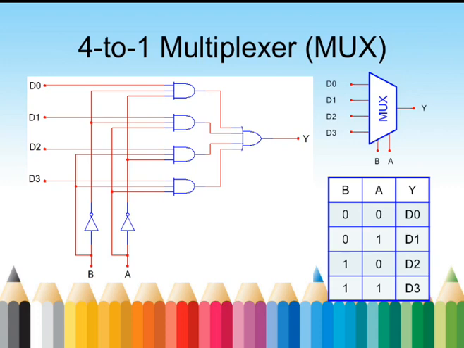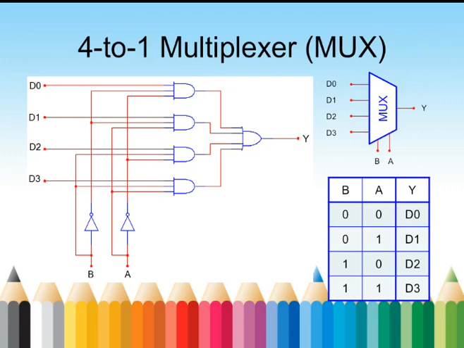We may express this truth table in a logic diagram to get the output in the form of D0, D1, D2 and D3. The first AND gate has the inputs D0, A prime, B prime. The second AND gate has the inputs D1, A, B prime.